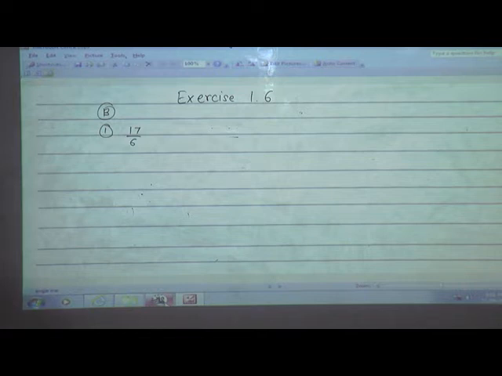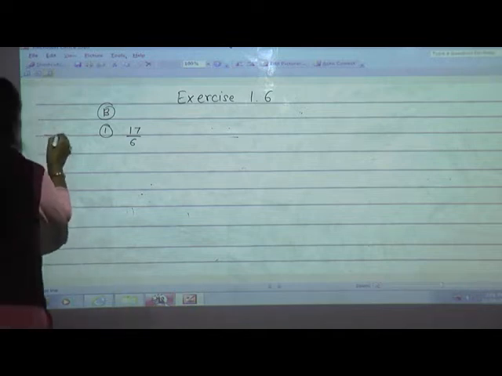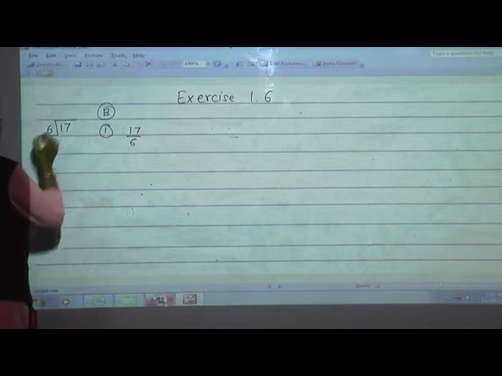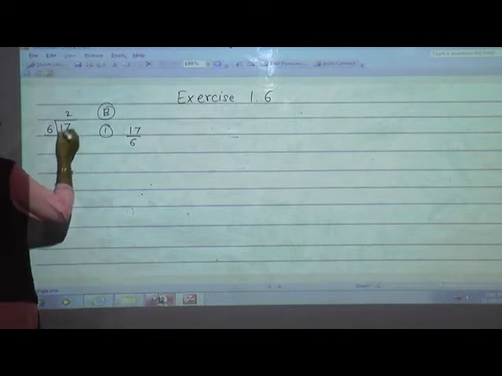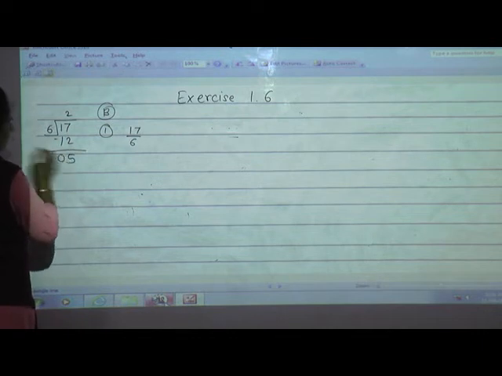We need to divide 17 by 6, isn't it? So we will do the rough work. Now see, in 6 table 17 is there? No. 6 twos are 12 and here what will remain? 5 and 0.